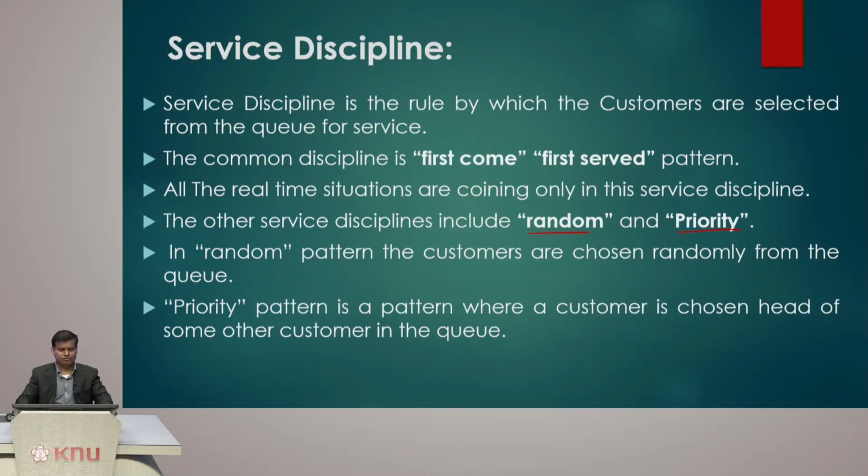In other places, like the airport, you always have a priority lane or priority section, where the crew members can go for check-in or immigration checks, and even elderly persons, pregnant women, and disabled persons can use the priority queues.